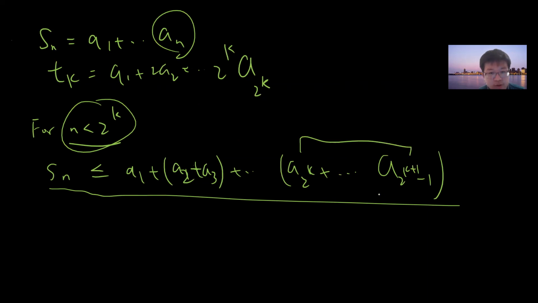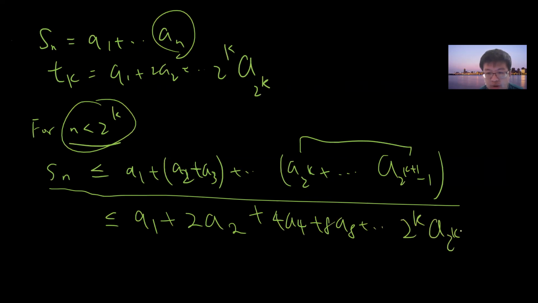These groups are less than or equal to a1, 2a2, 4a4, up to 2^k a_{2^k}, because the a's are monotone decreasing. What's this? It's just Tk. So we show that for n less than 2^k, Sn is bounded by Tk.